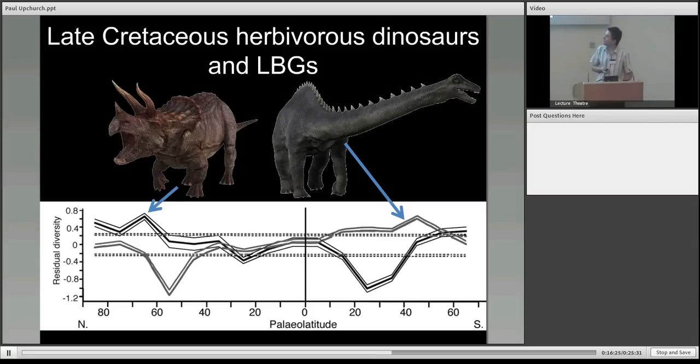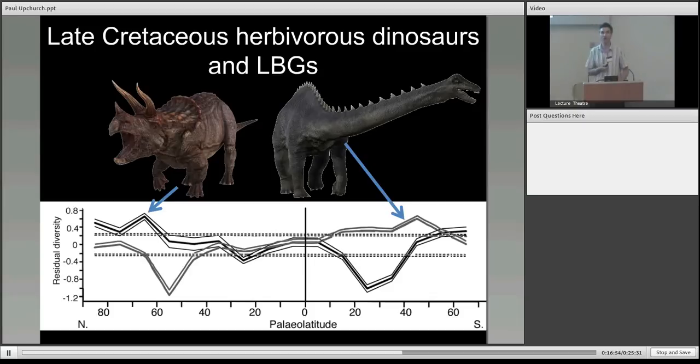Basically, the sauropod dinosaurs tend to be more diverse at lower latitudes, round about, let's say, 30 to 40 degrees, whereas the Ornithischian dinosaurs tend to be more diverse at high latitudes of 50 to 60 degrees. Also, the sauropods tend to be more diverse in the southern hemisphere, and the Ornithischians more diverse in the northern hemisphere. So the discrepancies in these peaks might reflect some ecological separation.